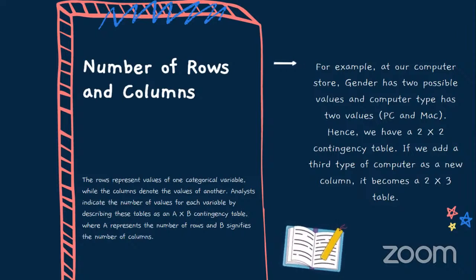For example, at our computer store, gender has two possible values and computer type has two values, PC and Mac. Hence, we have a 2 by 2 contingency table. If we add a third type of computer as a new column, it becomes a 2 by 3 table.